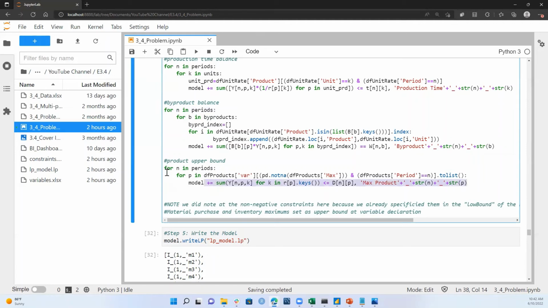And then here we have our product upper bound, which again, for each period is the maximum demand that we can realize or that we can supply for a given product, whether that's S_1, S_2, F_1, or F_2.